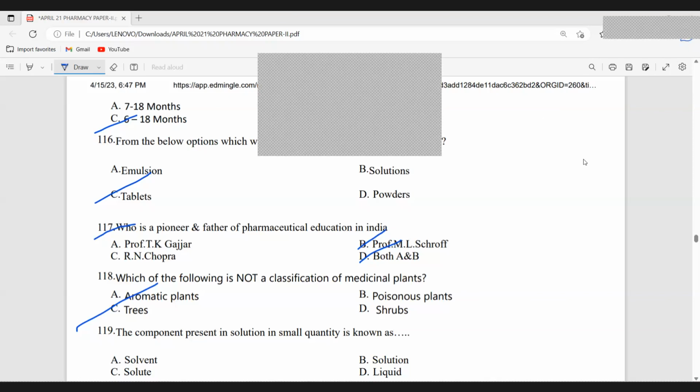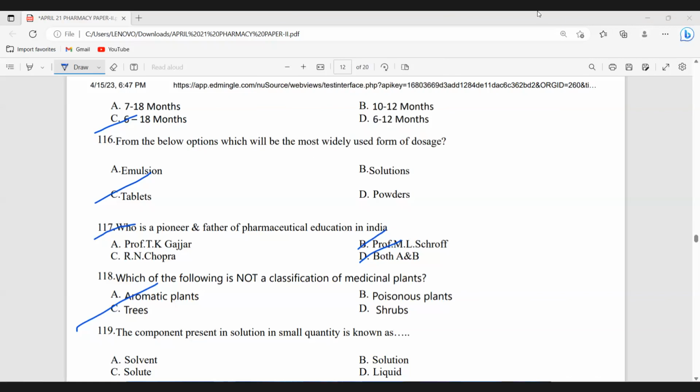That have a strong fragrance. Wait. I'll leave the meeting and I'll join once again.